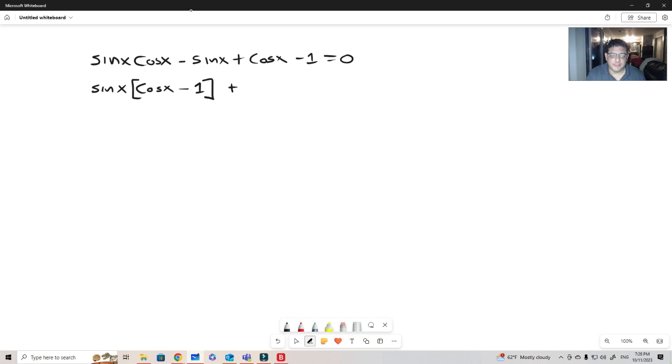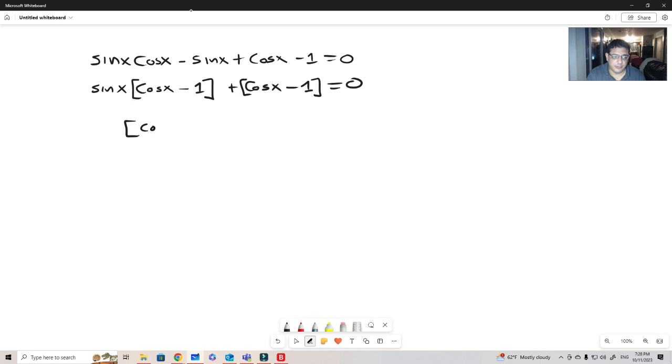Now notice that I did factor that sine of x, and when I do that, I get a cosine of x minus 1. But notice that in here, I also have another cosine of x minus 1. So potentially, now this cosine of x minus 1 expression is a common factor.